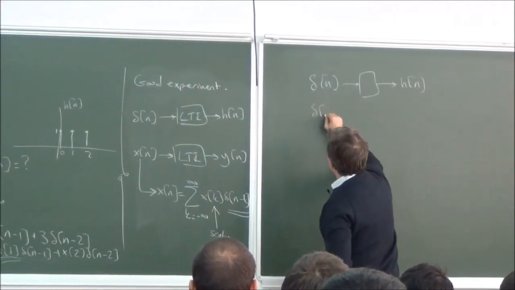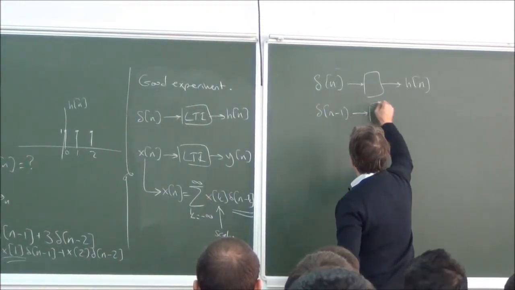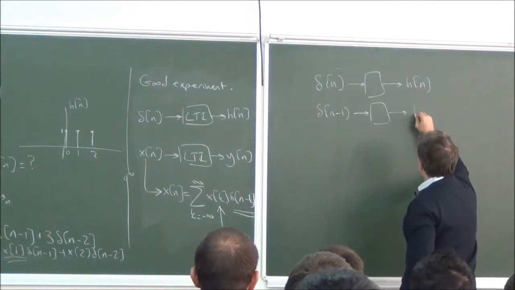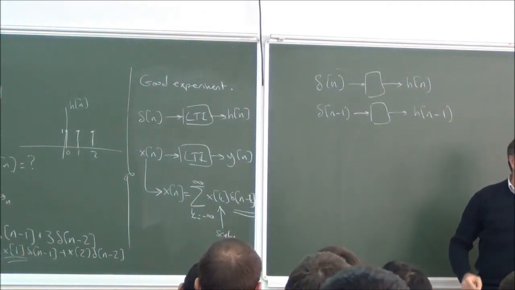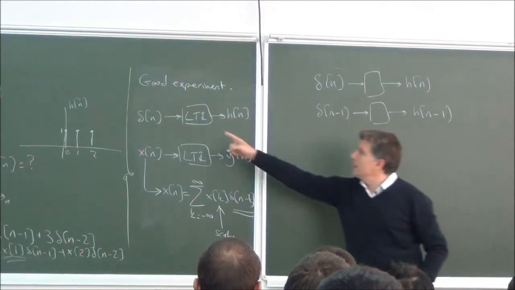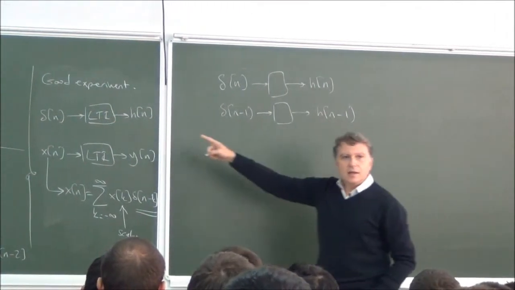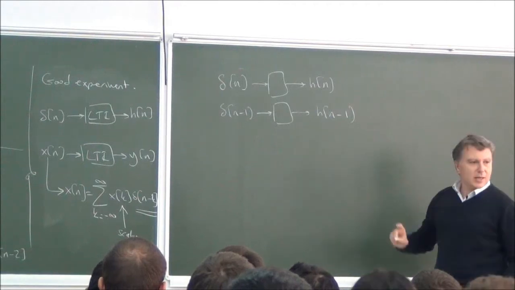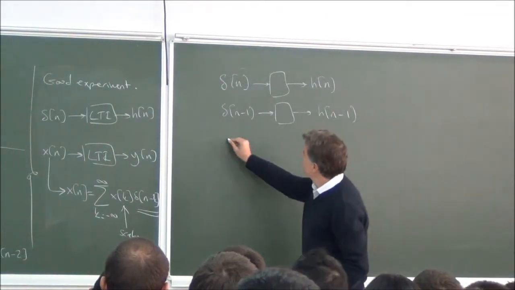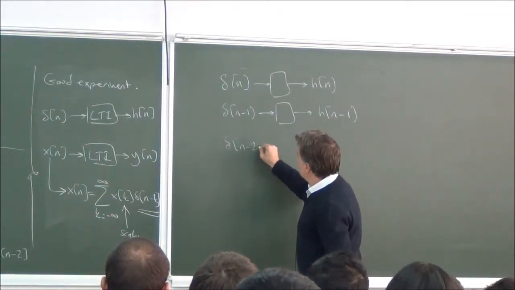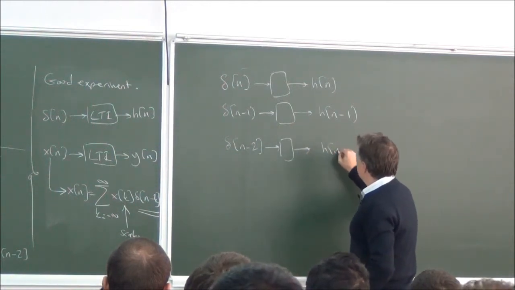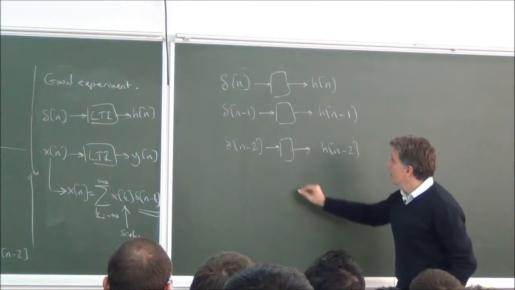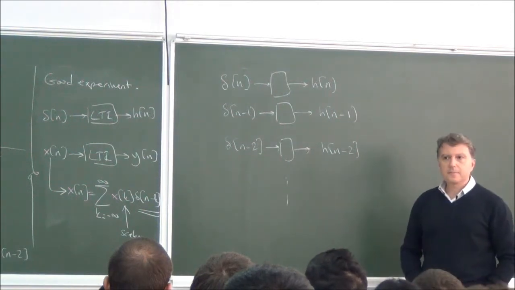To delta n minus 1, the system response is h of n minus 1. Why? Because it is time invariant. The system is given as time invariant. If the system is not time invariant, you cannot assume this, of course. Delta n minus 2 produces h of n minus 2. And it goes on like this.